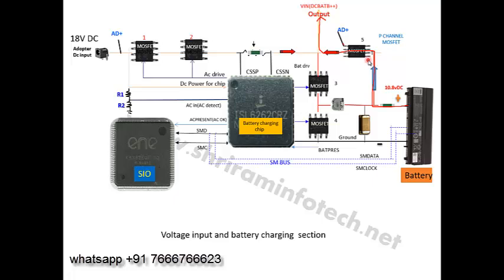Then problem number 3, the battery is not charging. This is a very common problem in any laptop. So what is responsible for the battery charging? First is this 18 volts, then this AC/DC in, and then this AC in detect signal. When it receives this AC detect signal, it generates the ACOK signal.